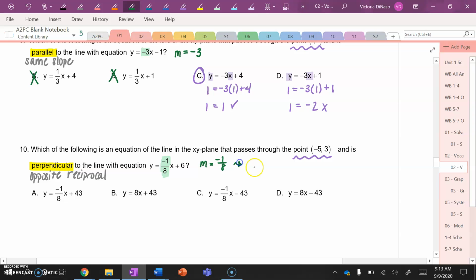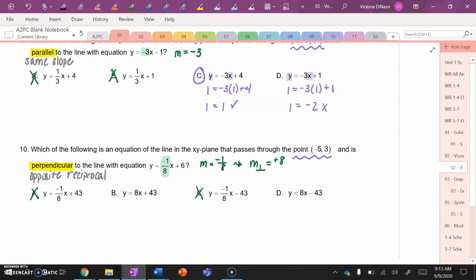And because we're looking for a line perpendicular to that line, my perpendicular slope is going to change to positive. When I flip 8 over 1, 8 divided by 1 is 8. So therefore, I'm able to cross off C and cross off A. So we're looking for the perpendicular line, so perpendicular slopes too.